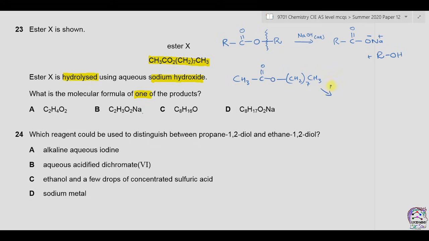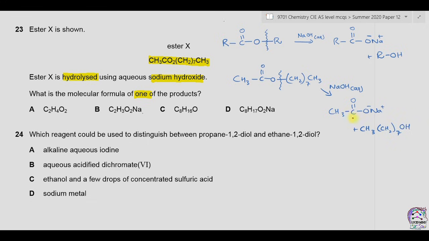So it will be hydrolyzed in the presence of aqueous sodium hydroxide. And the product will be, the bond is broken from this place, CH3COO⁻ Na⁺, and the second part will become alcohol. We have CH3, CH2, 7, OH.